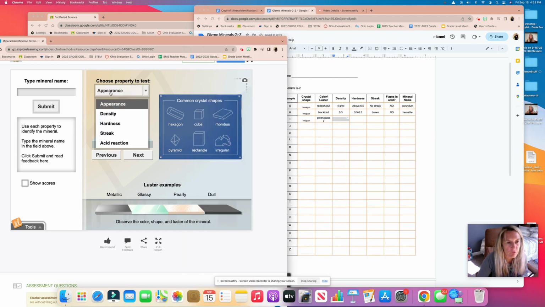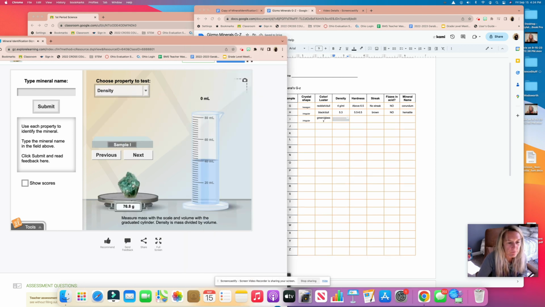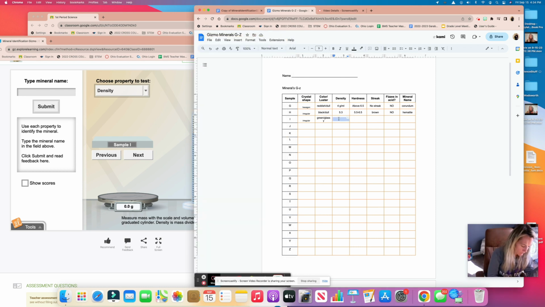All right, favorite one, we're going to check the density. We have 76.8 divided by the volume of 24. 3.2. So we're going to put the density 3.2, and the unit is grams per milliliter.